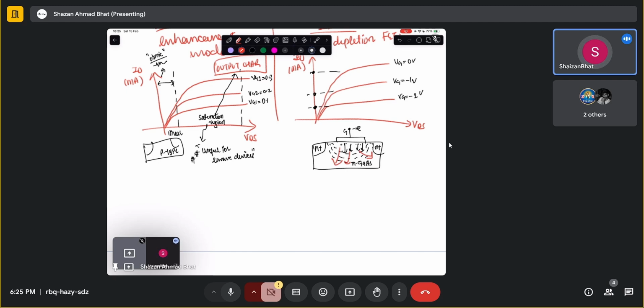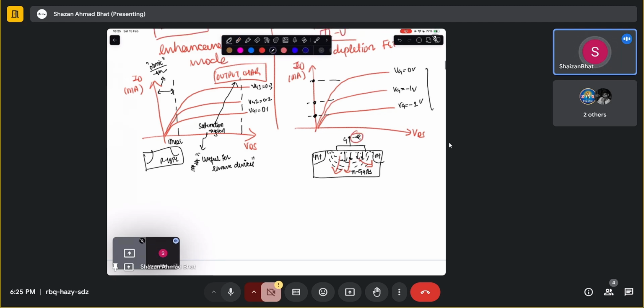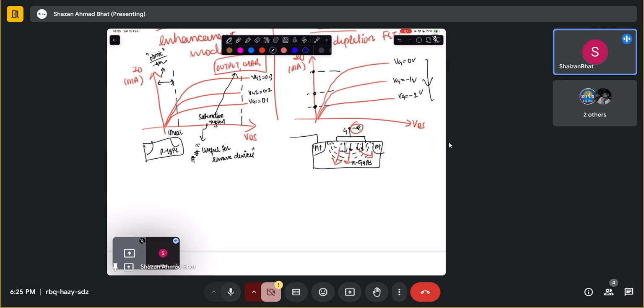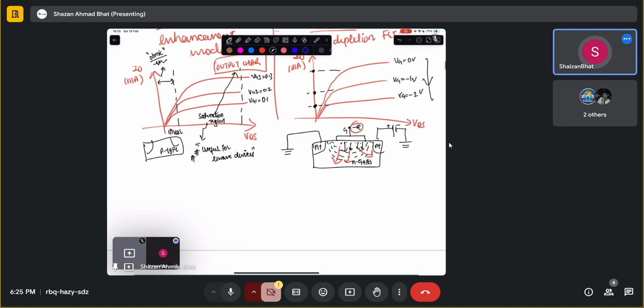It's actually getting depleted of electrons, because you have applied a negative voltage. That's why when you increase the negative voltage, the drain to source current is reducing. This is the source, which you have grounded, and this is the drain. You have applied a positive voltage at the drain, and you see that the drain current basically reduces.